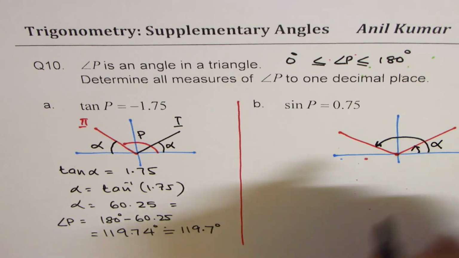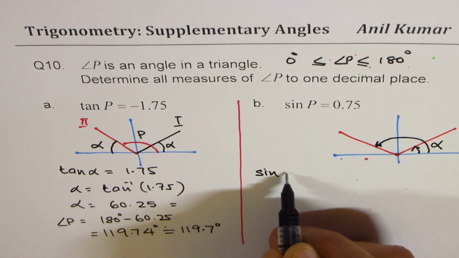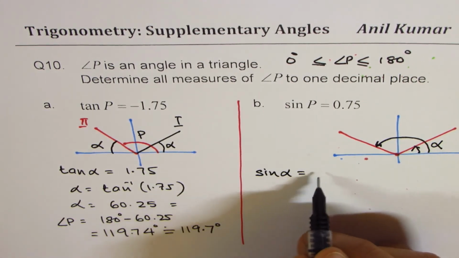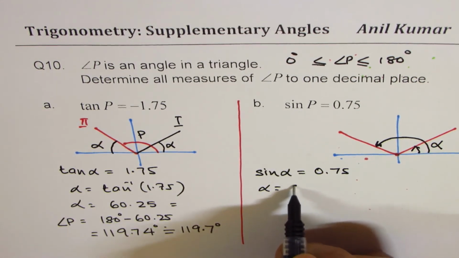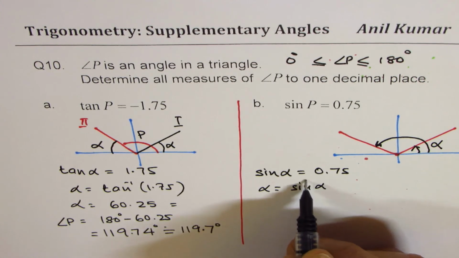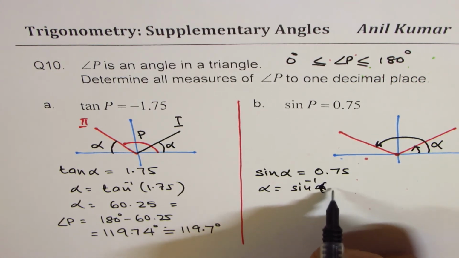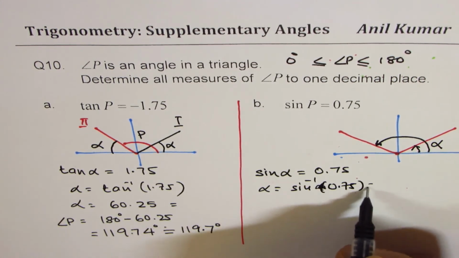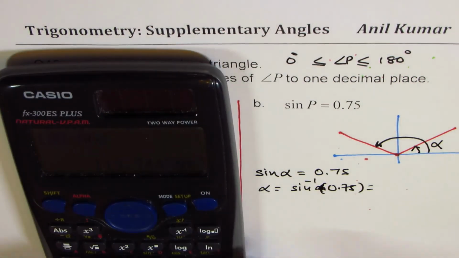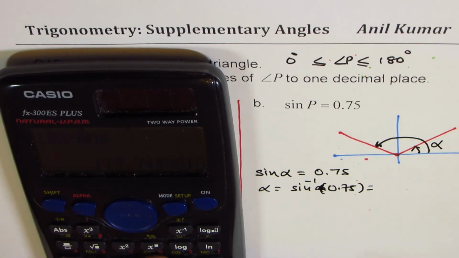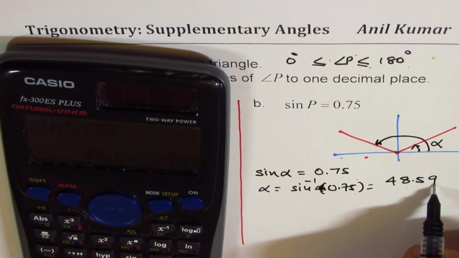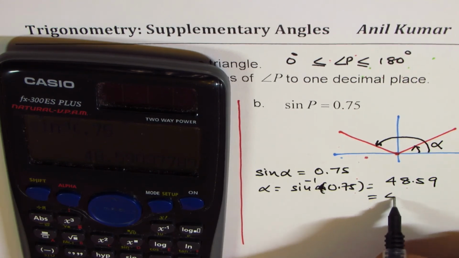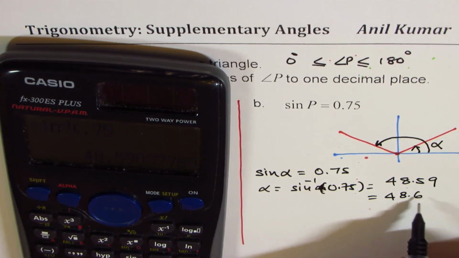Let's again find angle alpha. So the strategy is always to find the related acute angle, which is always positive, right? So we get alpha as sine inverse of 0.75, which is shift sine inverse of 0.75, equal to 48.59, or you can say 48.6 degrees.